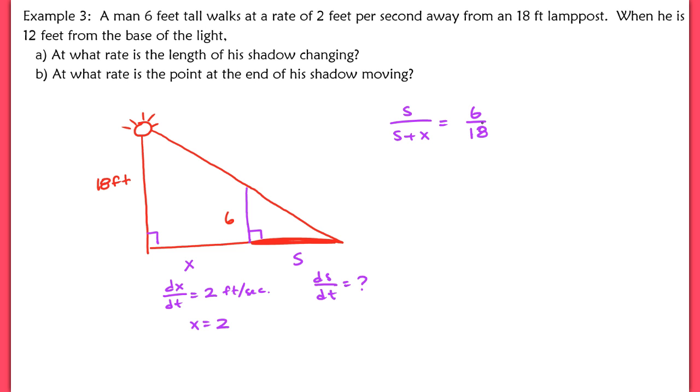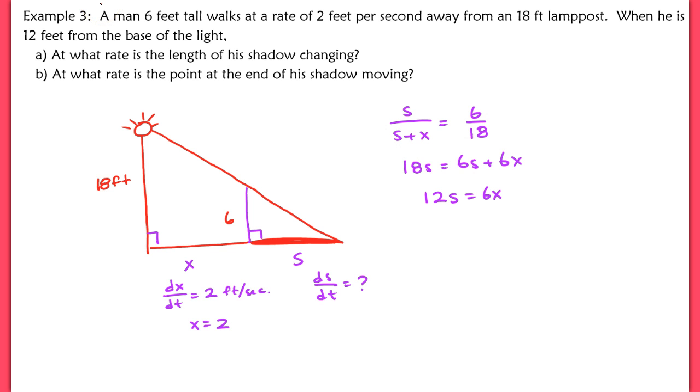Now if I wanted to, I could just differentiate this, but I'd be dealing with a quotient on the left-hand side, and I can change this form really easily by just cross-multiplying. So I have 18s equals 6s plus 6x. And if I just subtract that 6s over, I have 12s equals 6x. So this is an equation that will still relate my two variables, and it's much easier to differentiate than our original equation.